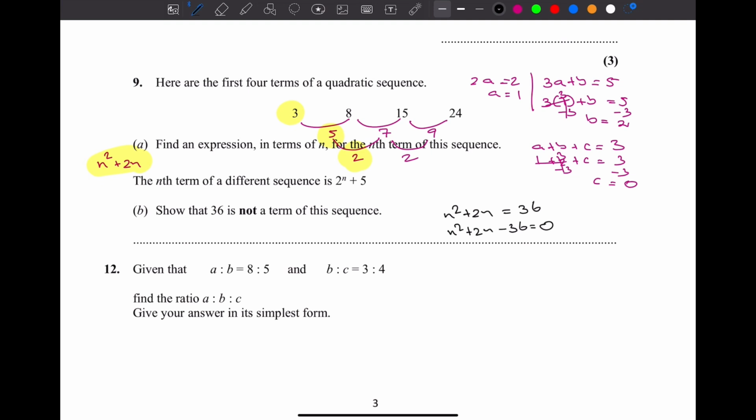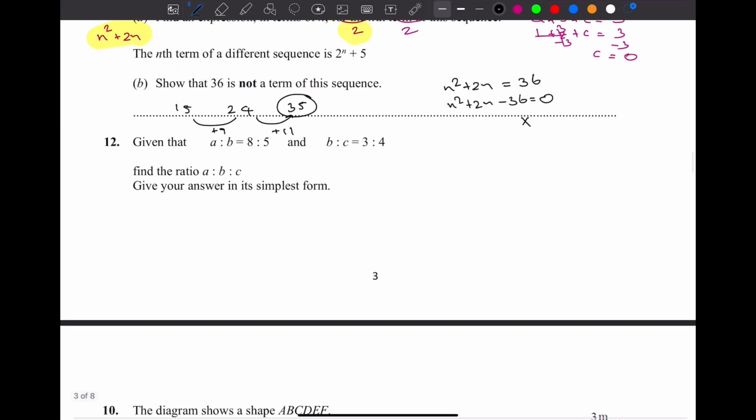Well, it shouldn't work realistically, right? So you should say n cannot be done, or just say after 15 to 24 you're adding 9, and you just added 11 to it, which makes it 35. So 36 is not in the sequence, 35 is. Okay, next one.